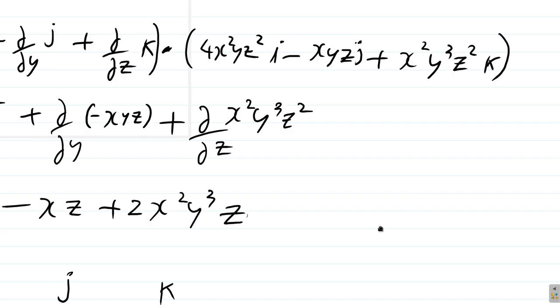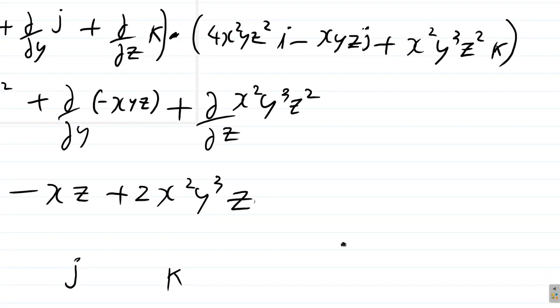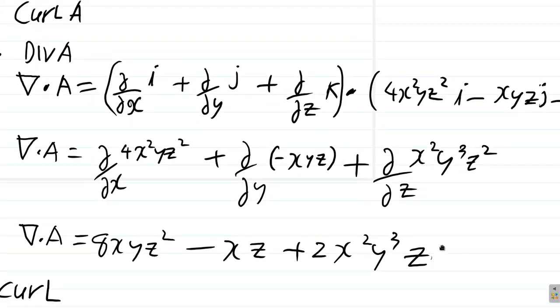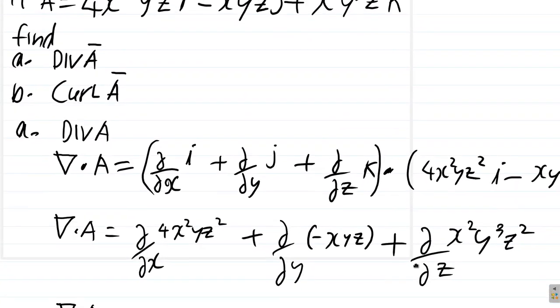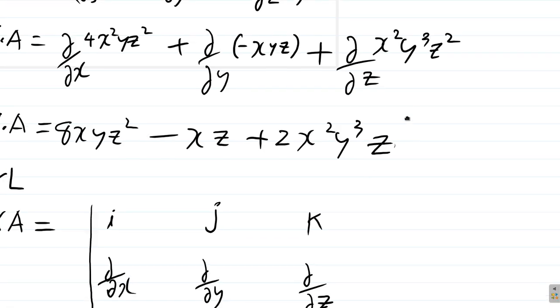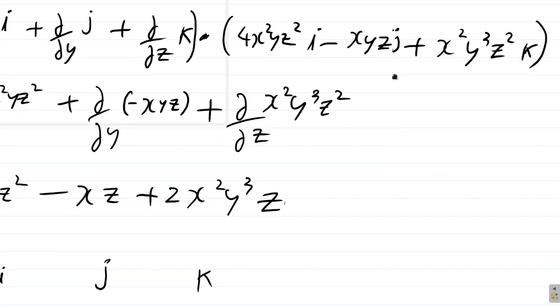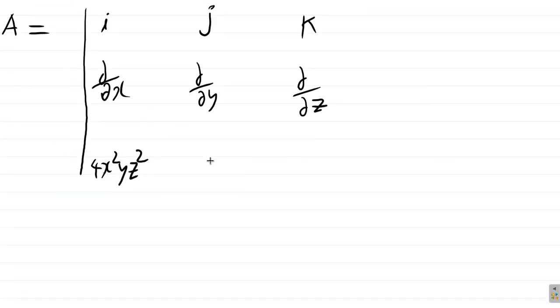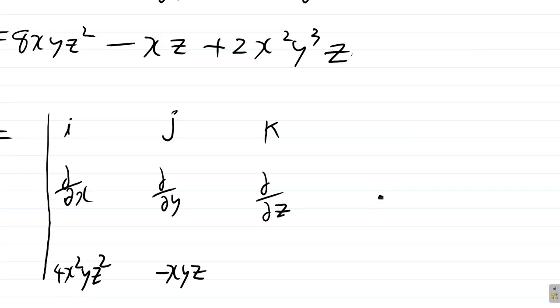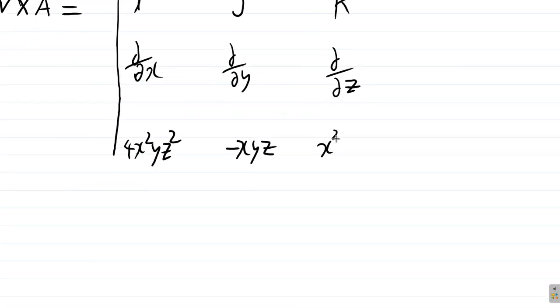So these are 4x squared y z squared, then negative x y z, and then x squared y cubed z squared.